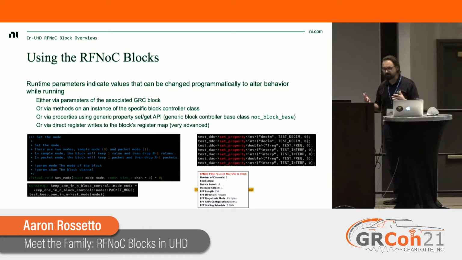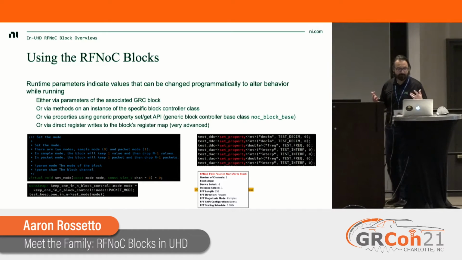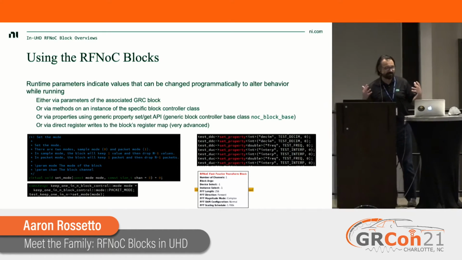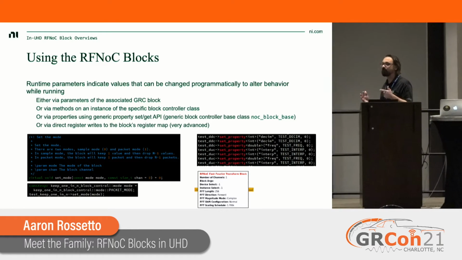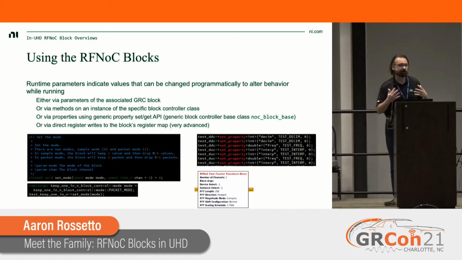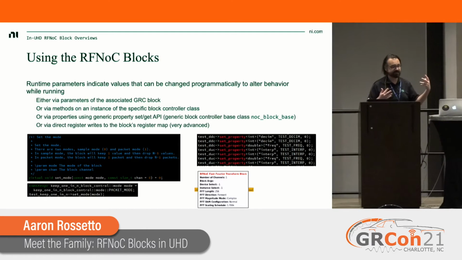A lot of these blocks advertise properties and there's a generic set get API, which can be used if the block doesn't have a block controller because these are part of the block controller's base class.